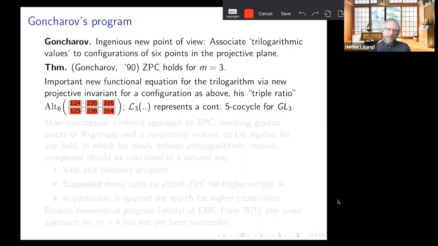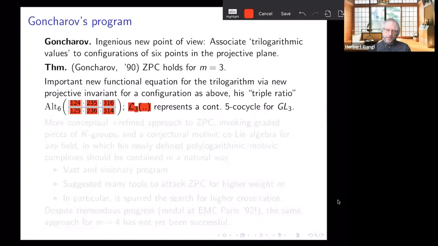And then you can evaluate by that single valued version of the trilogarithm, Li3. So if we evaluate Li3 on that, then it has the property that it represents a continuous cocycle for the group GL3, a factor 5 cocycle. And this is a different way of writing, claiming Zagier's conjecture.